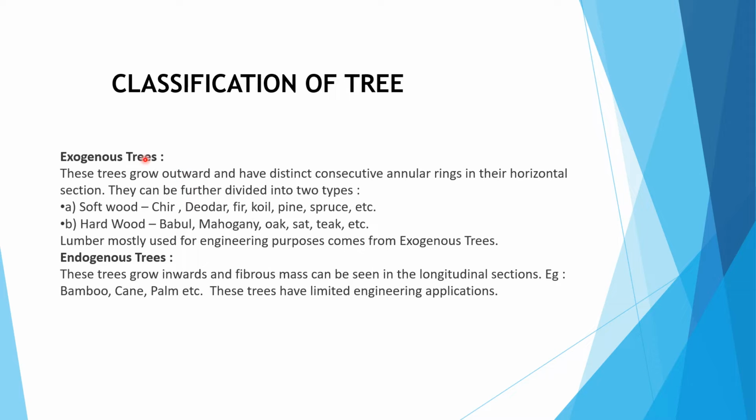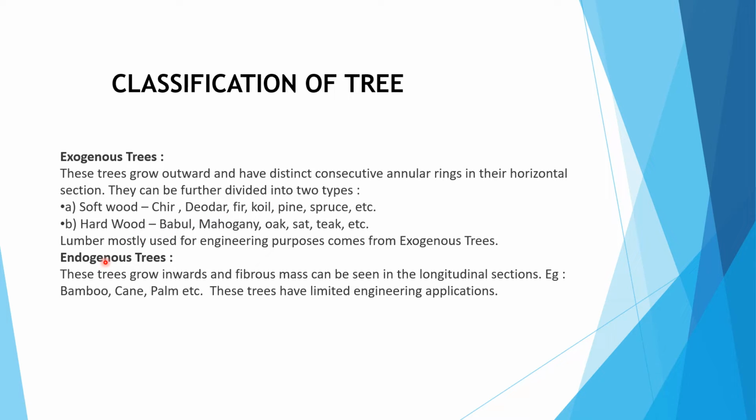Next, classification of trees. Exogenous trees. These trees grow outward and have distinct consecutive annual rings in their horizontal section, and they can be further divided into two types: softwood and hardwood.